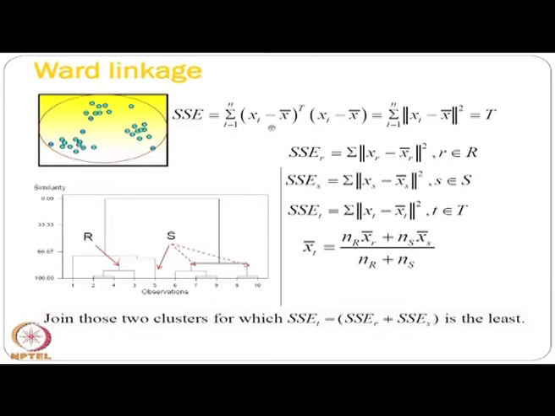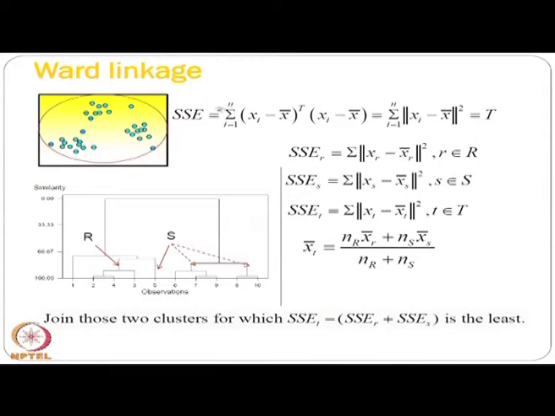These errors are basically the distance between objects within clusters as well as between clusters, and they are a measure of heterogeneity. So, when everything belongs to one group, that means it is completely homogeneous, the distance will be 0. So, in that sense the error quantity will be 0.